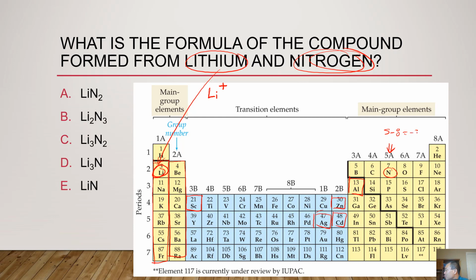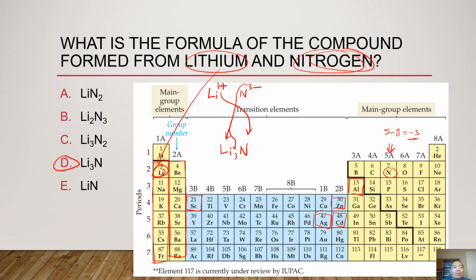This gives you -3. Again, the charge is -3, but when you write the anion, you write the number first. You see? So when you cross it over, the number 1, which is not written, I'm going to write it over here. 1 goes to the right side, 3 goes to the left. So Li is going to take that 3, N is going to take that 1. So that's why D is the correct answer. Okay.